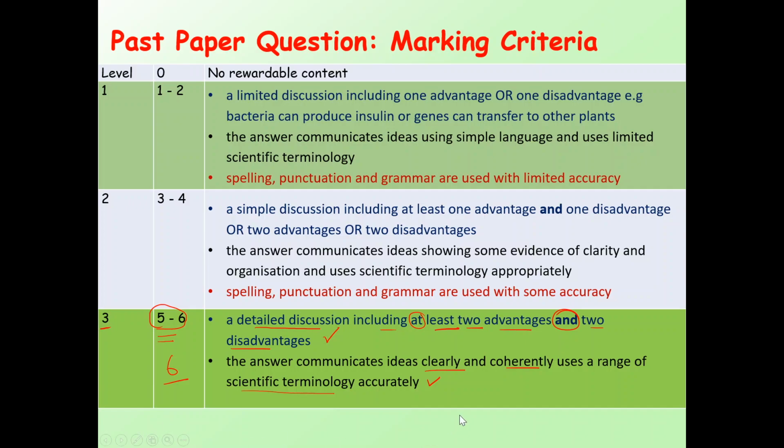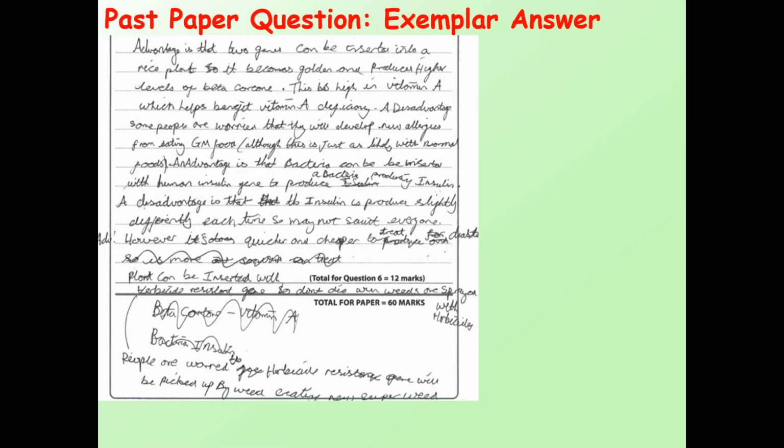Okay, now I just want to quickly talk through a worked example that is another answer here. This is not written in a table, okay, but let's have a little look using the mark scheme how we would have scored this one. Okay, so if you want to pause the video now, you can have a go at marking this yourself, and then I'll talk it through with you. So pause the video now.